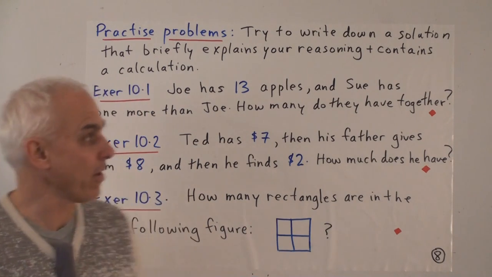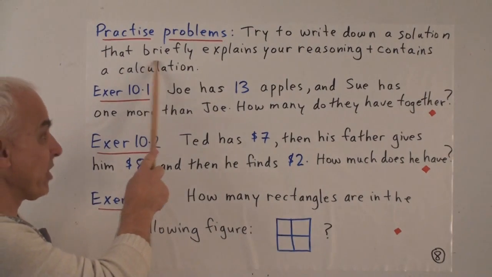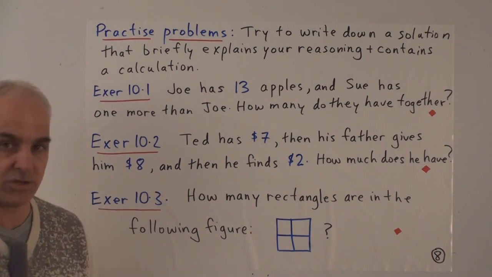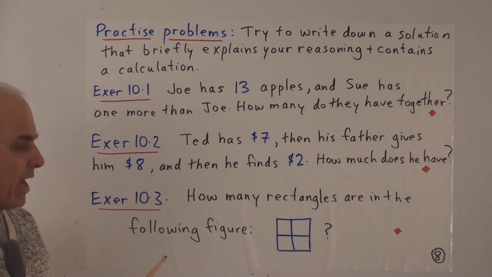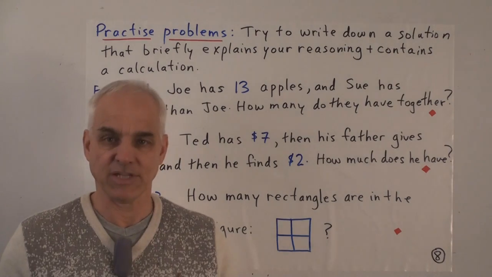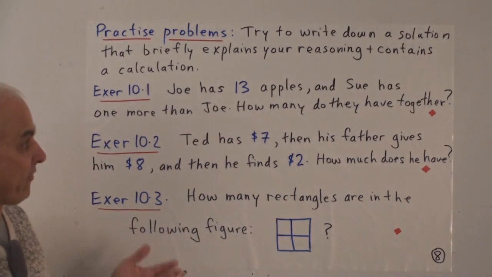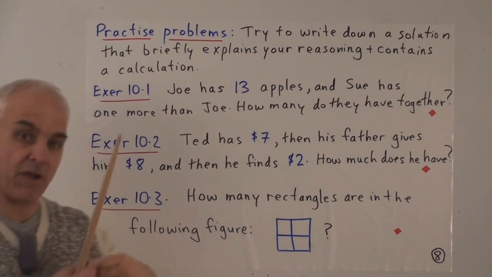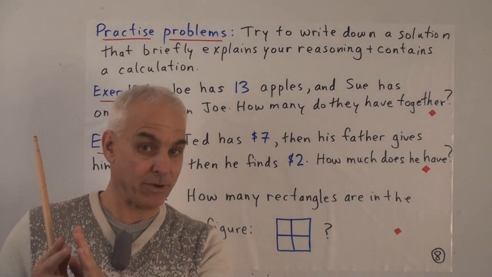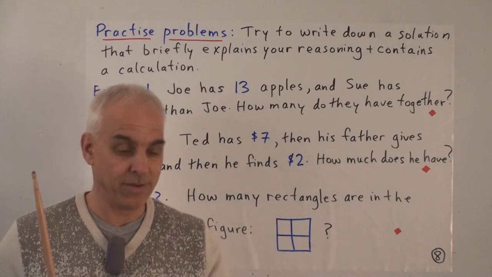Okay, we're looking for a solution that briefly explains your reasoning and contains a calculation. So somewhere in it we would like to have an equation like 3 plus 4 equals 7 or something like that.